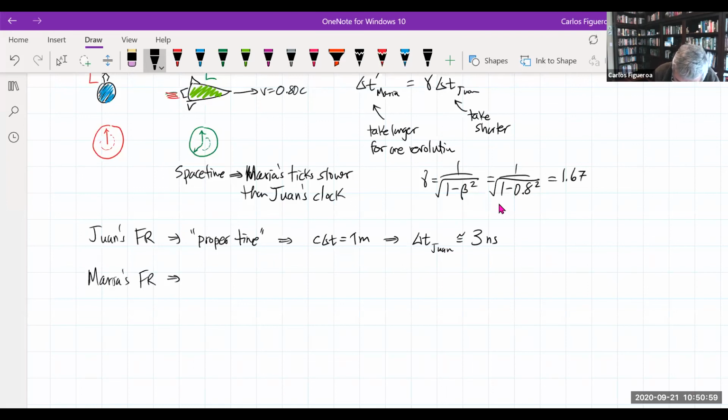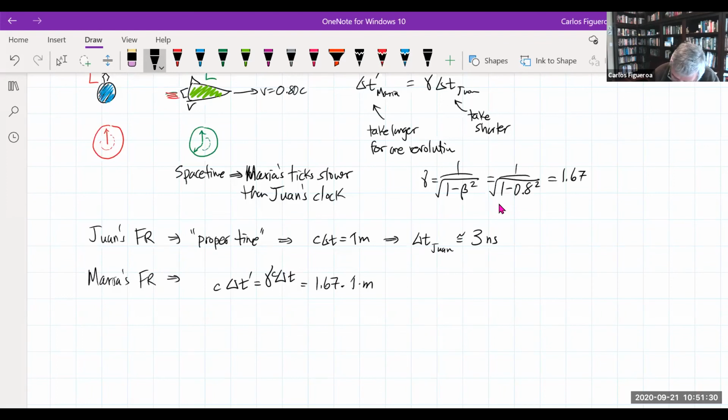that means here that I gotta write delta t prime equals to what? It's gonna equal to delta t times gamma. And so if I measure that, what that really means here is that this is going to be 1.67 times, by the way, I should be writing this with C's, which I didn't. And then this would give me times 1 meter.